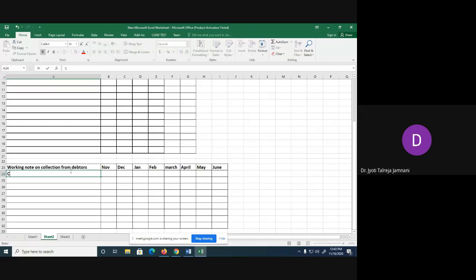So first we'll write the credit sales. We saw above that 20% of the sales were cash. That means the remaining 80% of the sales are credit sales. So we'll find 80% of each month's sales.